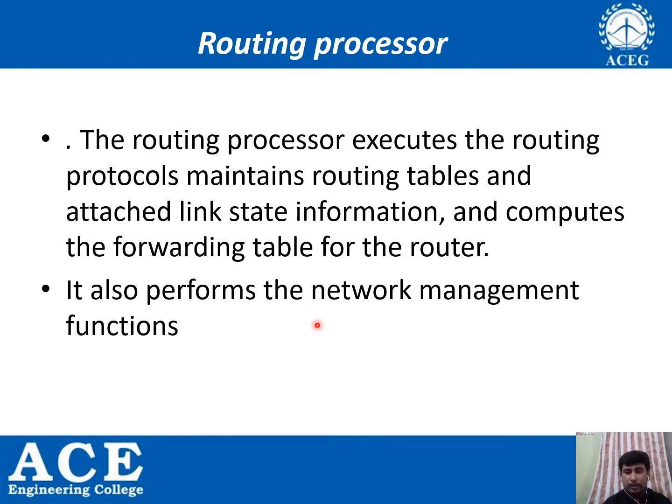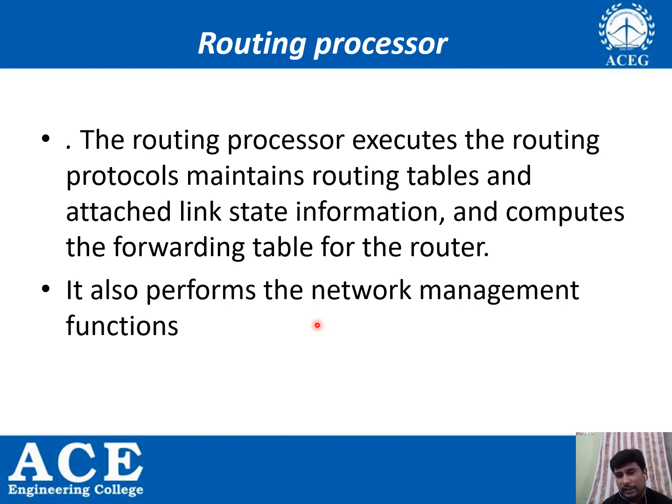The third component of the router is the output port. This is the one through which the datagrams will be forwarded to the next devices. And there also we have three components. The first one is for queuing, and this is required when the line speed is smaller than the switching fabric speed.